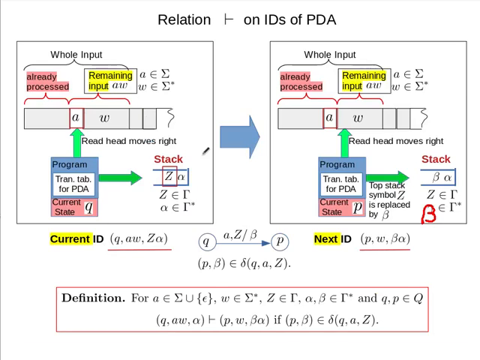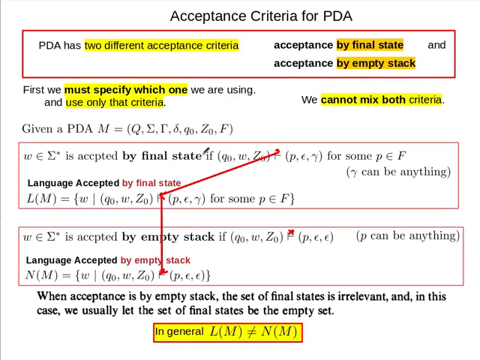If you are using acceptance by final state, then for all strings you decide acceptance or non-acceptance according to this. So after you stop with the input as epsilon, if this P is some state in this capital F, then you accept, otherwise you reject.